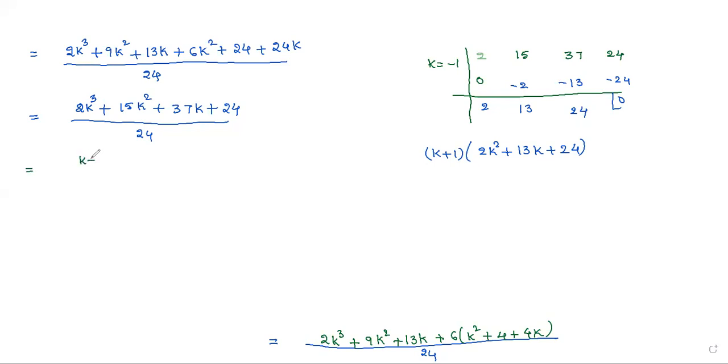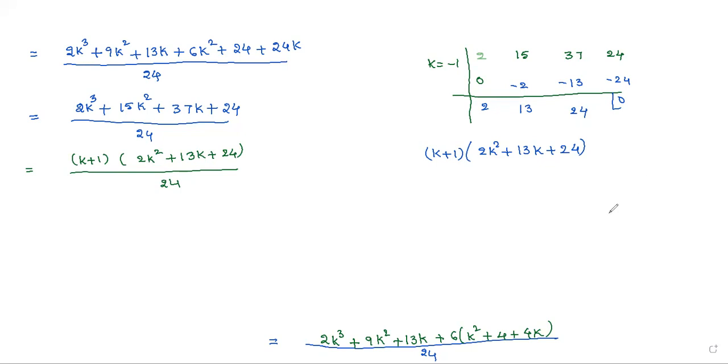So you will write k plus 1 into 2k square plus 13k plus 24 by 24. What is the RHS?